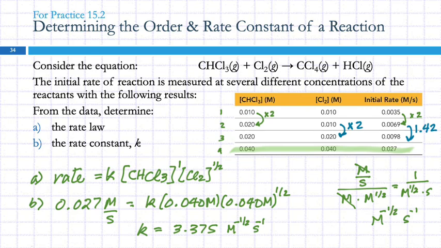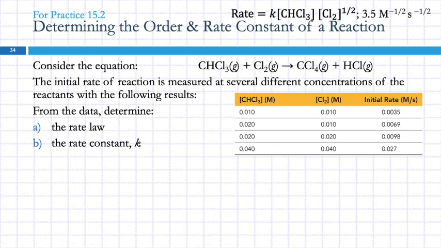So let's see if I got the right answer. Okay, so that one was rounded to 3.5. Second to the minus 1/2.